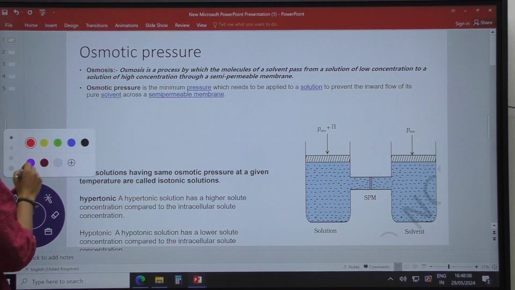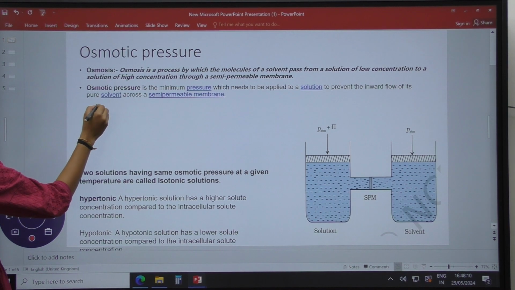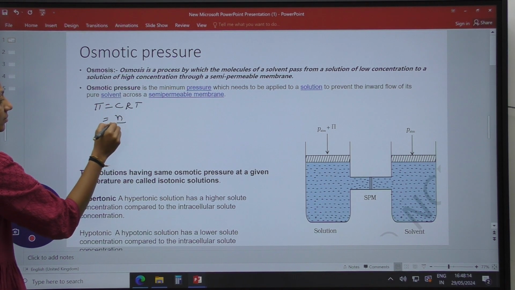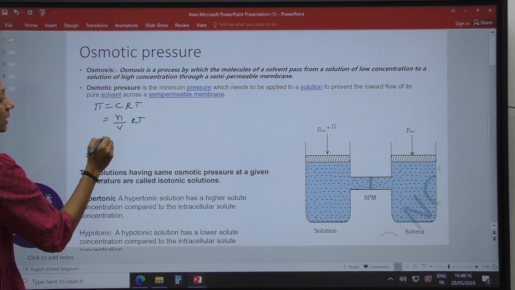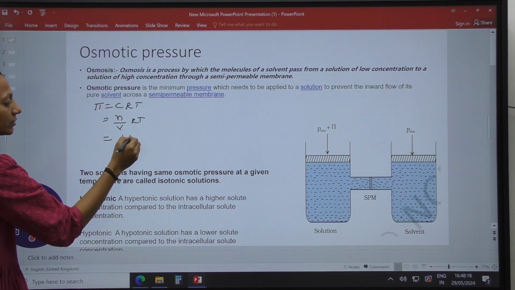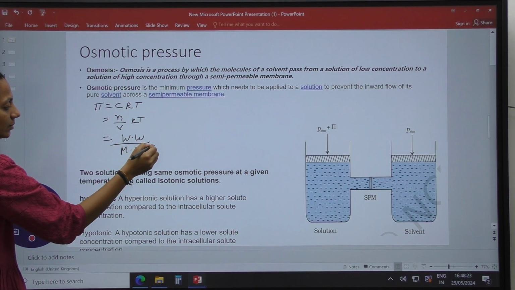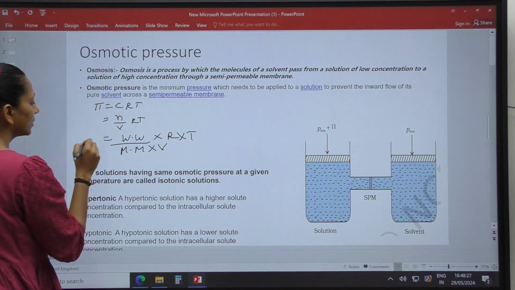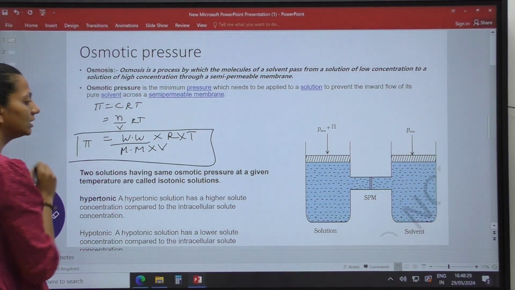Just now I said pi is equal to CRT, where C is equal to n by V, so pi = nRT/V, where n is the number of moles, equal to the given weight upon molecular mass, multiplied by the volume V and RT. So this gives you the osmotic pressure pi of the solution.